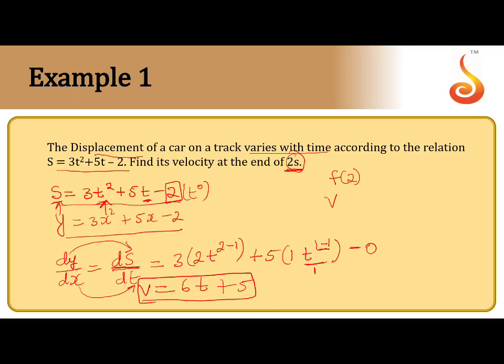Now here, wherever t is there, you have to put 2. The velocity at the end of 2 seconds is equal to 6 into 2 plus 5, that is 17 meter per second. So this will be your velocity at the end of 2 seconds.